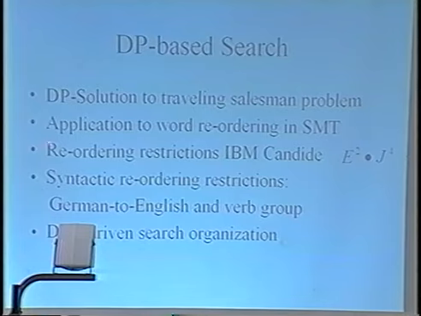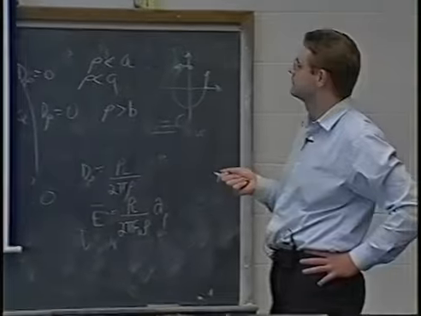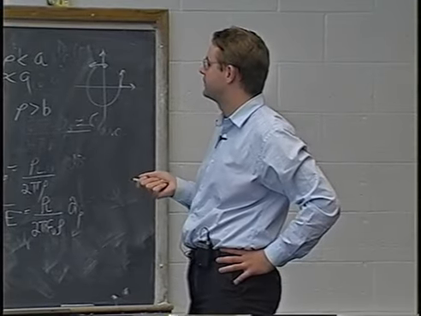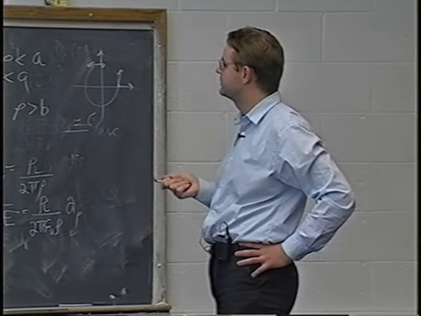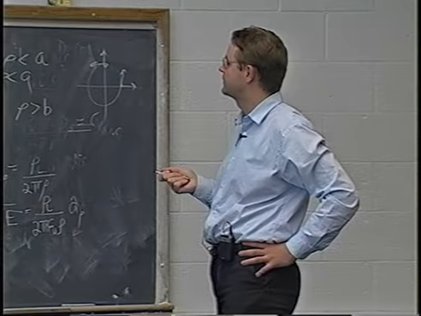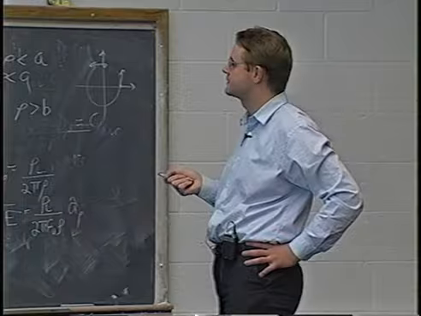One restriction is taken from the patent description of the IBM Candide system. I can show that for the full search, making the model assumptions I will present on the following slides, I get an upper bound for the search complexity of E to the 2 times J to the 4, where E is the size of the target language vocabulary and J is the length of the input sentence.